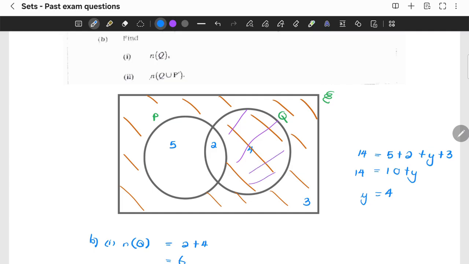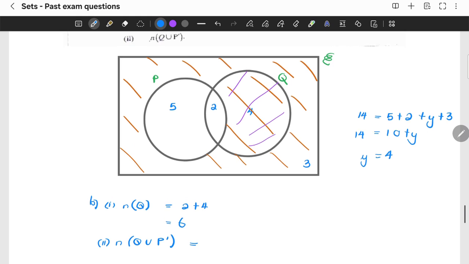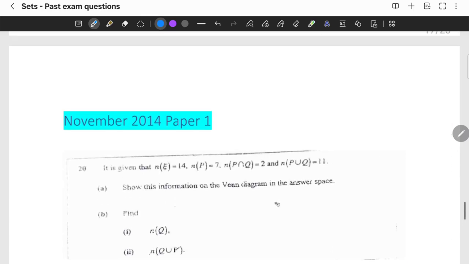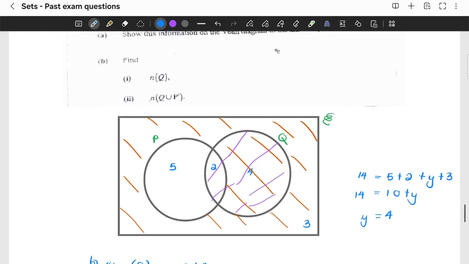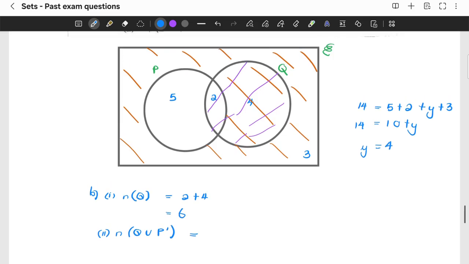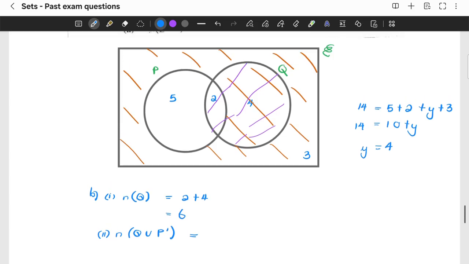So that then becomes, so what's in Q includes 2 as well. So that then becomes 2 plus 4 plus 3. And 2 plus 4, that's 6 plus 3, that's 9.